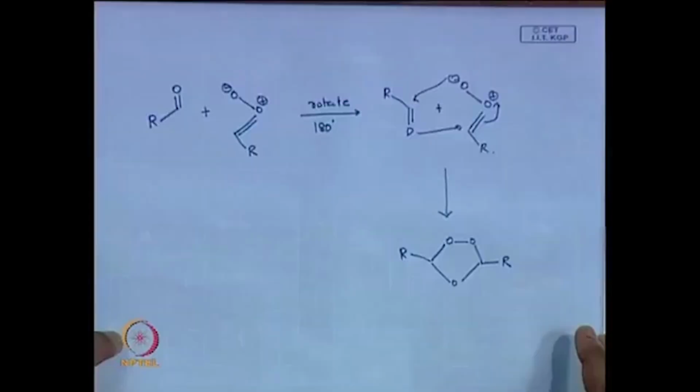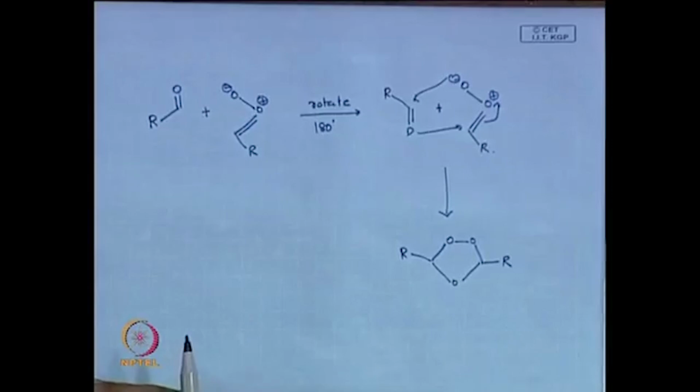Now, what we will do is this: after making this type of ozonide, the ozonolysis workup is much more interesting, because that is not your product. So, the ozonolysis workup is a really interesting part.